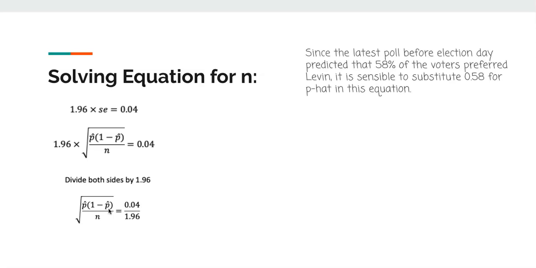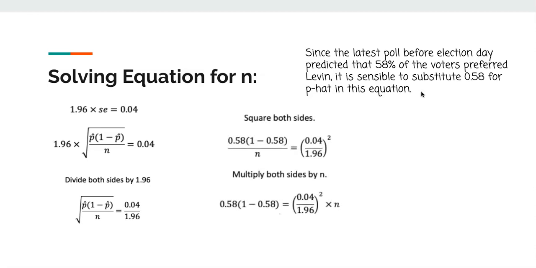So p-hat: since the latest poll before election day predicted that 58% of the voters preferred Levin, it is sensible to substitute 0.58 for p-hat in this equation. So p-hat, the sample proportion, we're going to use 0.58. Now plug that in. And after that, to get rid of the square root, you square both sides.